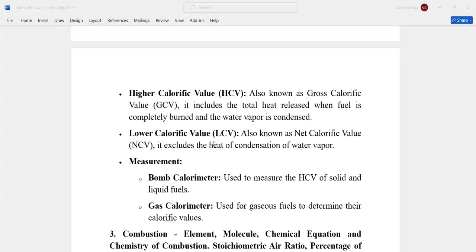But now the lower calorific value is the net calorific value, NCV, and it excludes the heat of condensation of water vapor. So you'll have the HCV, which is the higher calorific value, minus the latent heat of condensation of water vapor, and then you'll have the net calorific value.